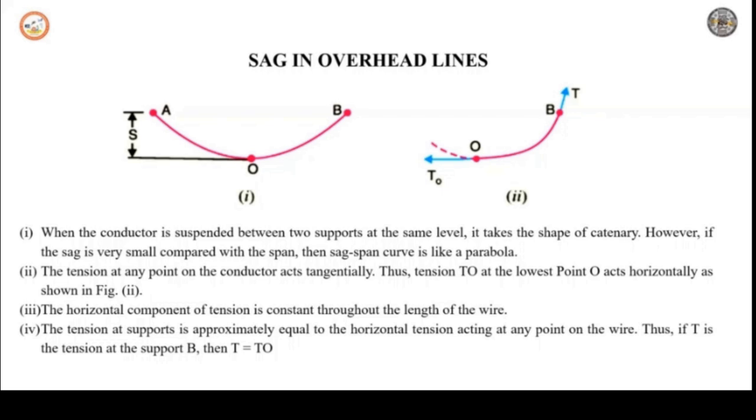This horizontal component of the tension is constant throughout the length of the wire. Thus, the horizontal component of tension is H. That will be horizontal wherever it is acting, even at B, as shown. But the tension T, whatever I have shown here, has two components: one horizontal, the other vertical.